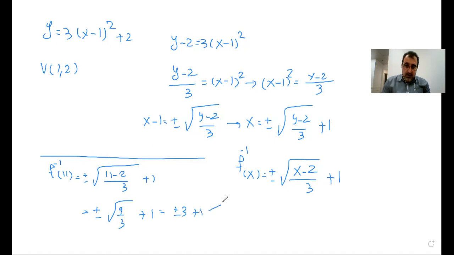Either 3 plus 1, 4, or negative 3 plus 1, negative 2. This means we have two outputs for 11, so it is not a function for sure.